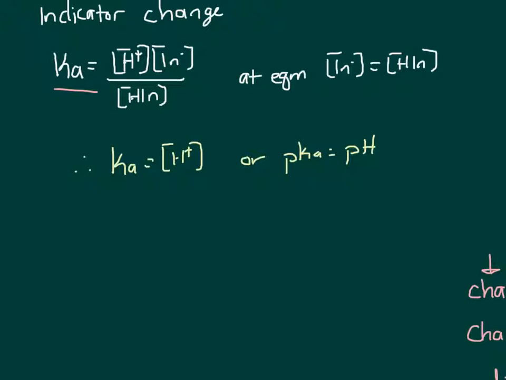At equilibrium, we would expect the indicator concentration to equal the acidic form of the indicator. Therefore, at the point in which that indicator is used, the Ka of that indicator is equal to the hydrogen ion concentration present. We could change that into the pKa is equal to the pH.